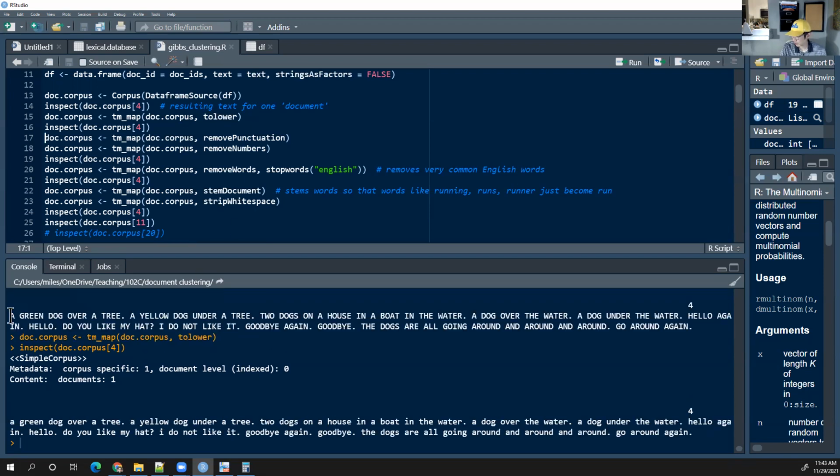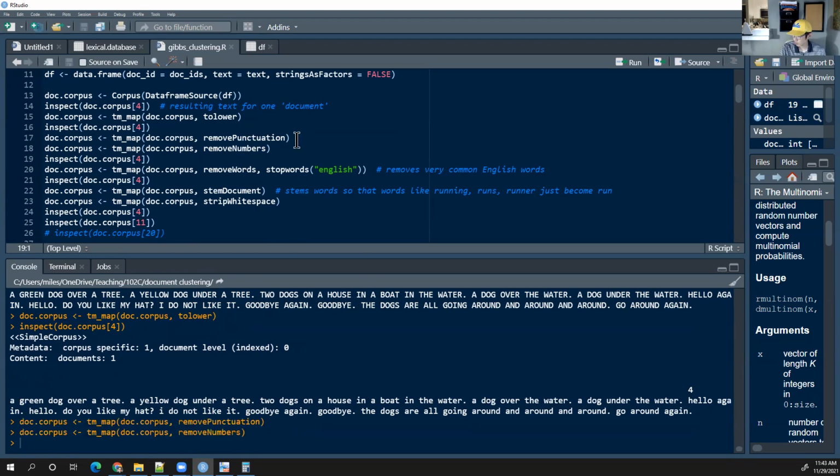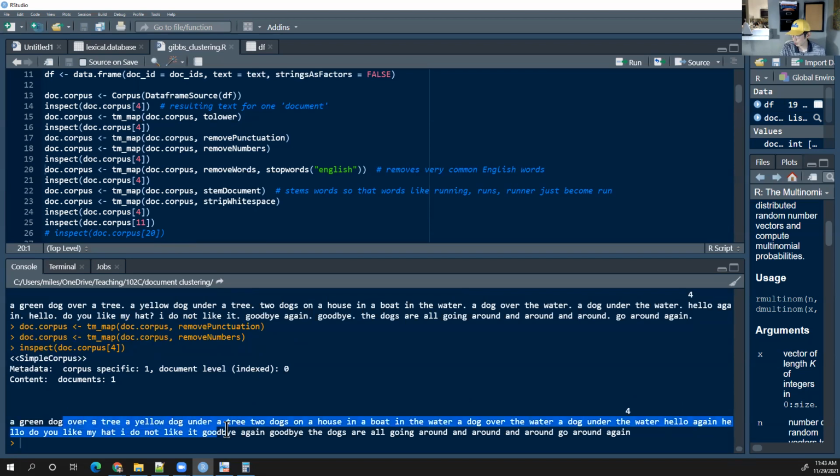So it takes all of this text, a green dog over a tree, and turns everything into lowercase. And then another one is we can remove all punctuation and remove all numbers. So it gets rid of all the question marks and the commas and the periods, and now we just have words.